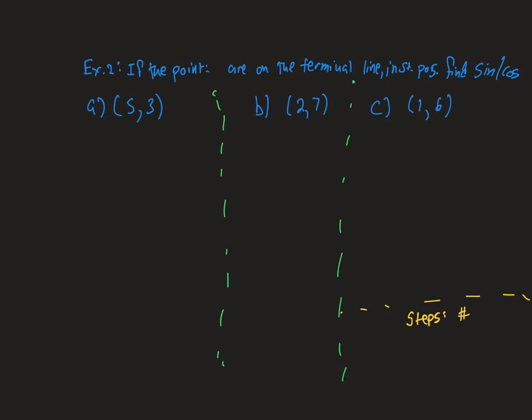So, step 1, use r is equal to the square root of x squared plus y squared to find r. Okay, and then 2, we're going to use the other identities we learned, which we made with SOHCAHTOA, that sine of theta was y over r.